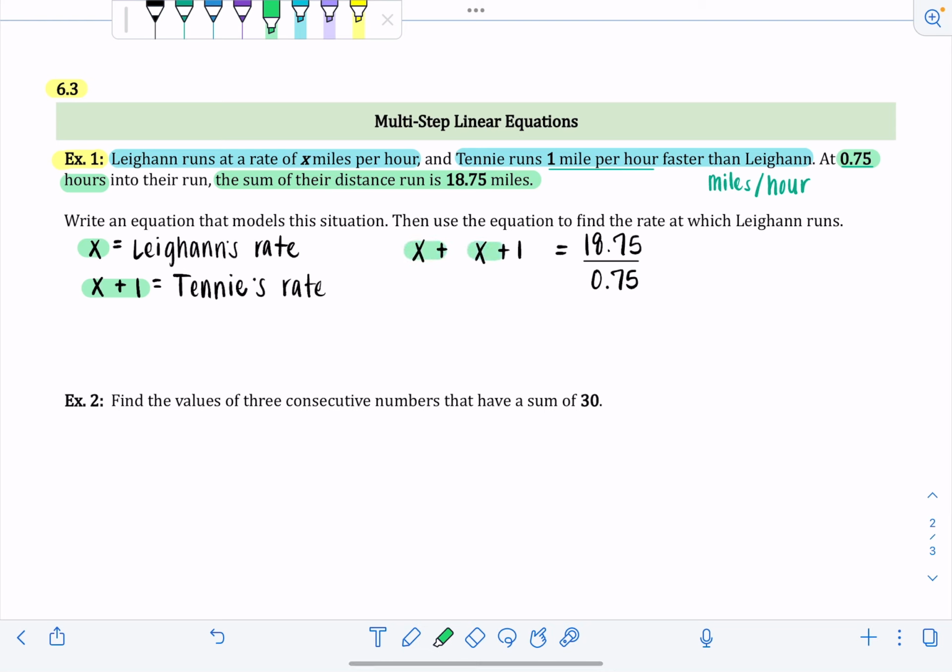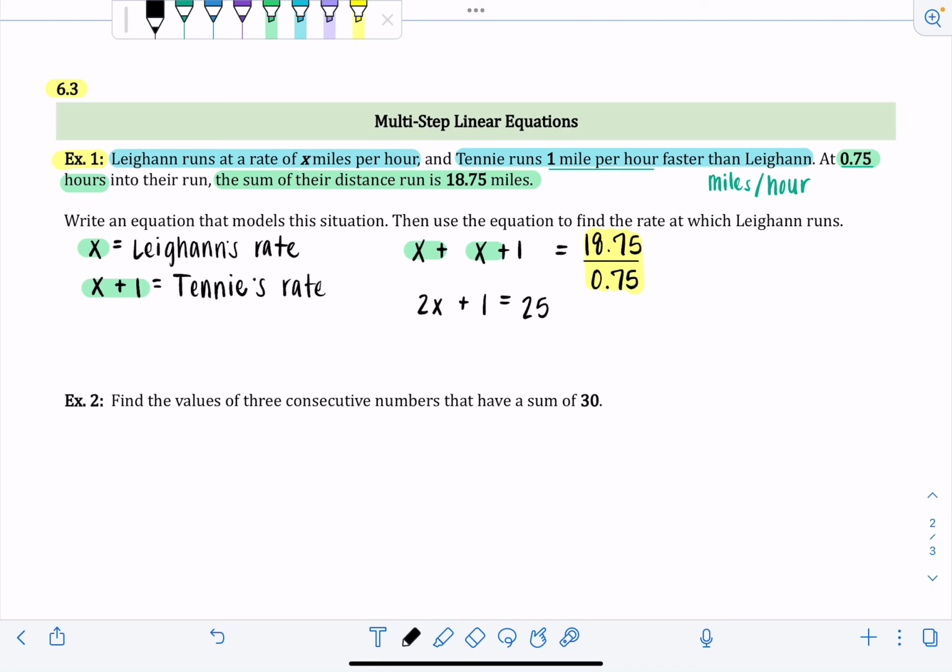I have x and x, so those are like terms because they have the same variable to the same power. So this will be 2x, and then I'm going to bring down my plus 1. And then I'm going to divide 8.75 by 0.75, because fractions are just division. If I do 18.75 divided by 0.75, that's 25.